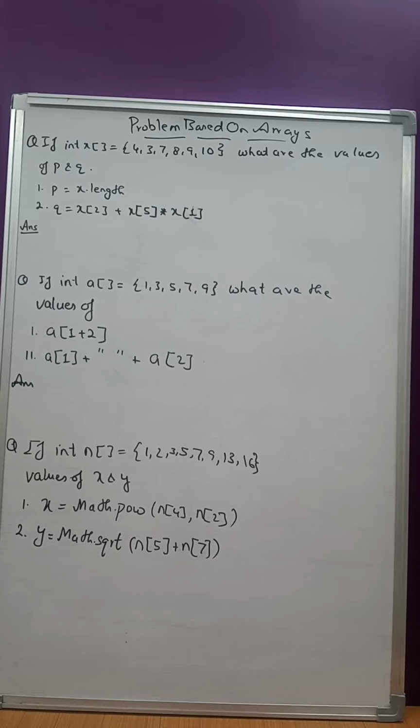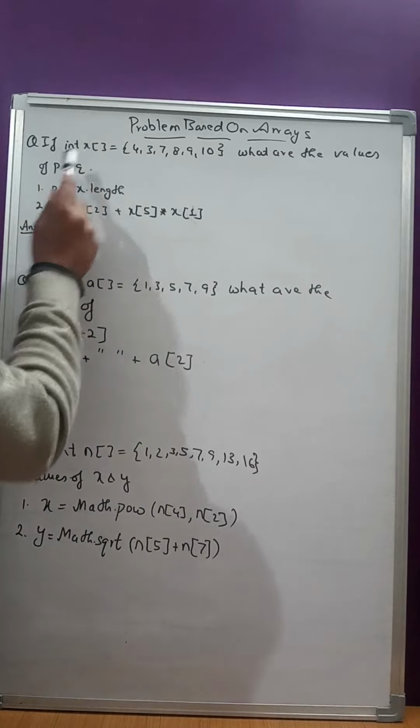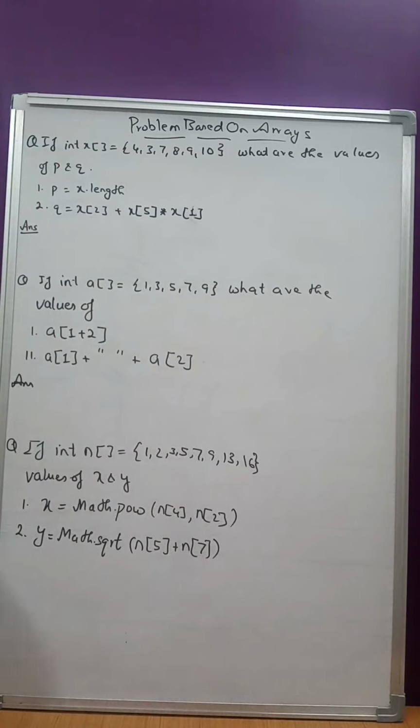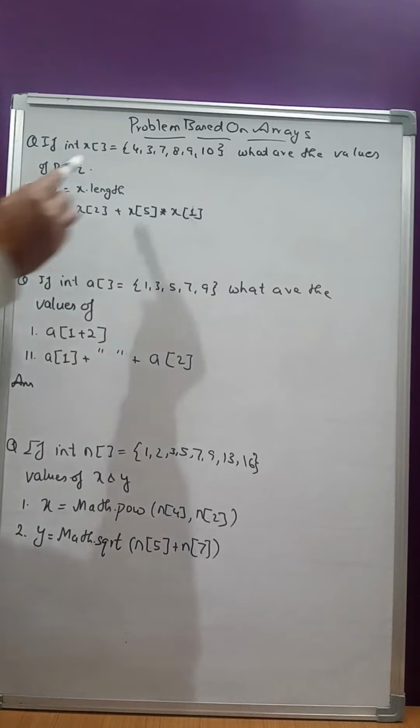I have told you that whenever you have to use any value at a particular index, you select the array name followed by the index number in square brackets, right? Like over here you can see a question in which the array x is provided, and in the array x you have the values 4, 3, 7, 8, 9, 10.